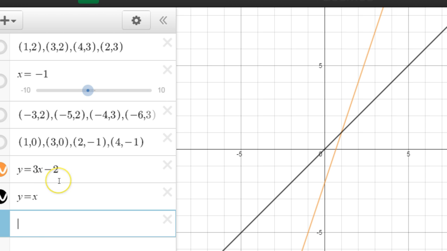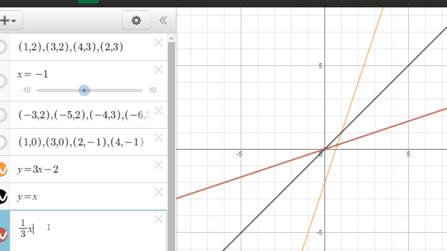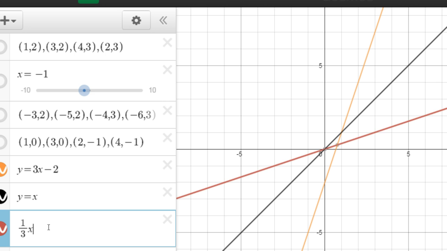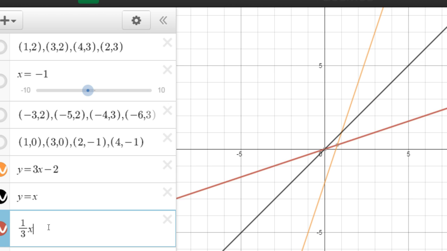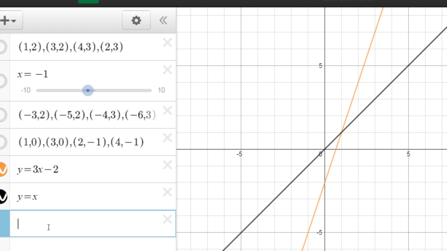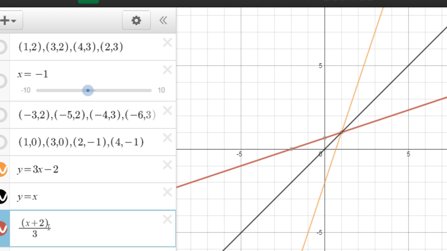So the inverse of this would be 1/3 times (x plus 2). Okay, and we'll put this in parentheses. And you'll learn techniques for this later, okay?